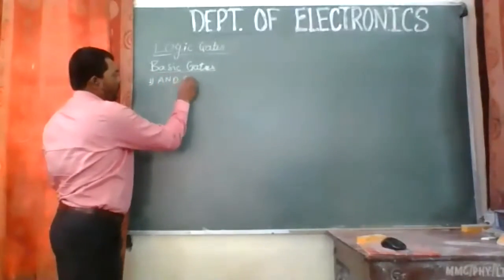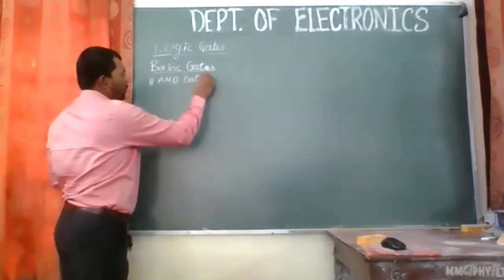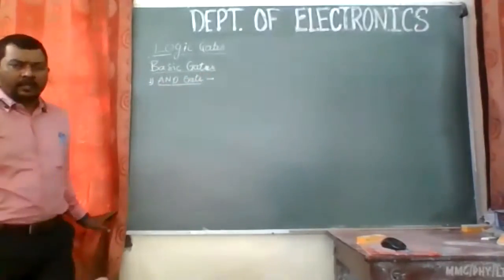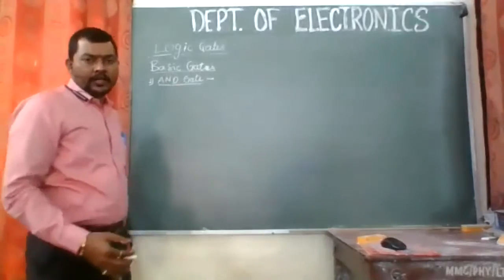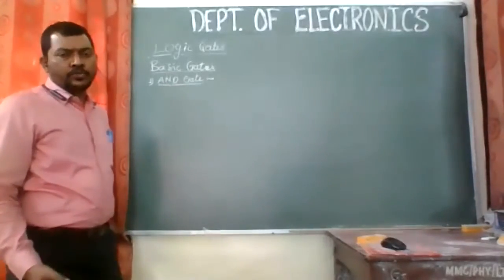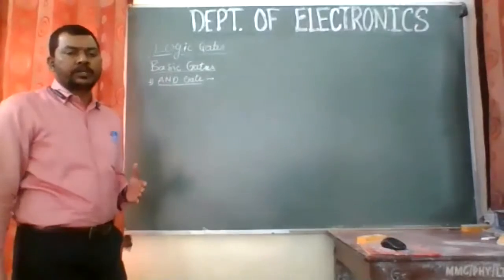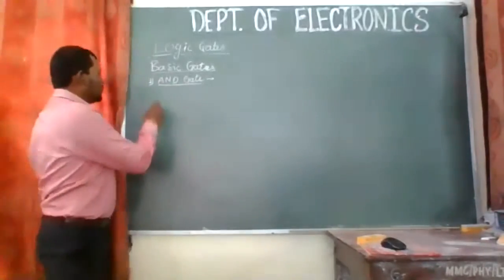Here is the pattern of writing, the points that we expect you to write in your exam if this question comes: what is an AND gate? Or explain the AND gate and its truth table. What do we expect you to write? The first is the definition.